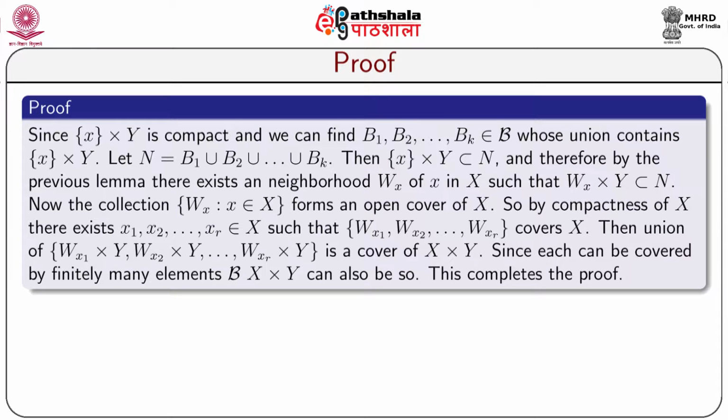Now, the collection B which covers X cross Y should cover the slice x cross Y. So, we can find finitely many elements of B, say B1, B2, up to Bk, whose union contains the slice x cross Y. Now, let us take N equal to the union of B1, B2, up to Bk.